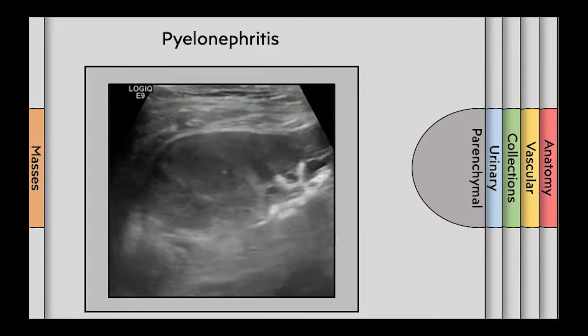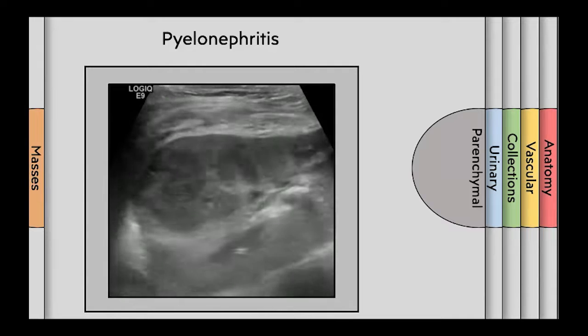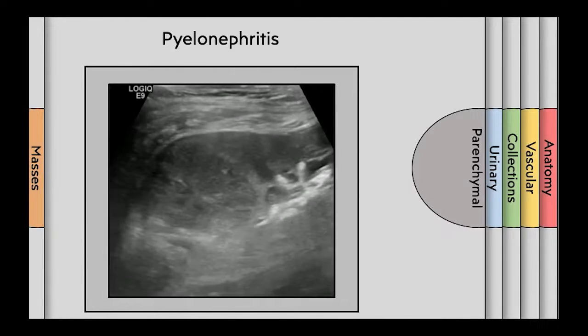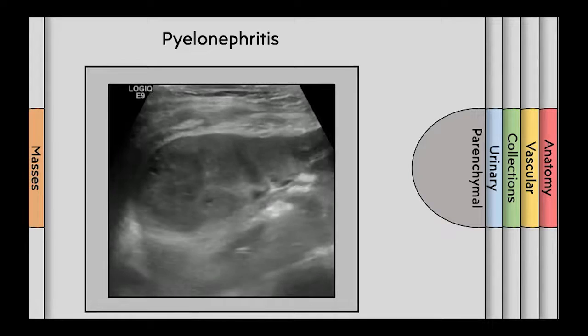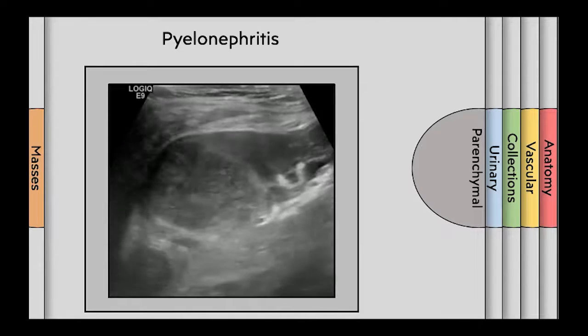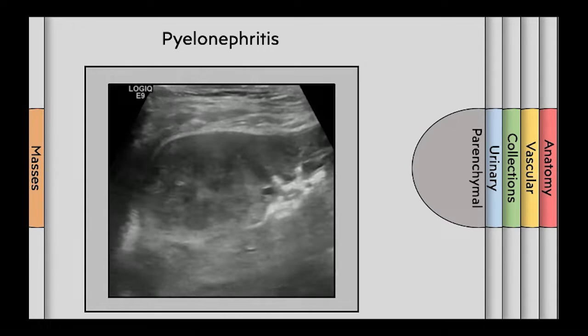Pyelonephritis can lead to abscess formation, which sometimes can appear as an abscess with simple fluid or complex fluid echogenicity. However, pyelonephritis with an abscess can actually sometimes simulate a mass, as can be seen in this case.